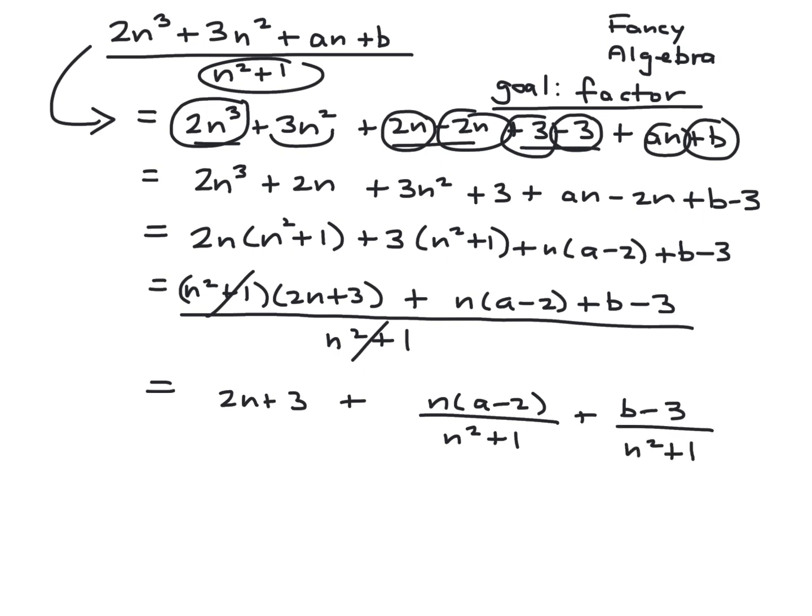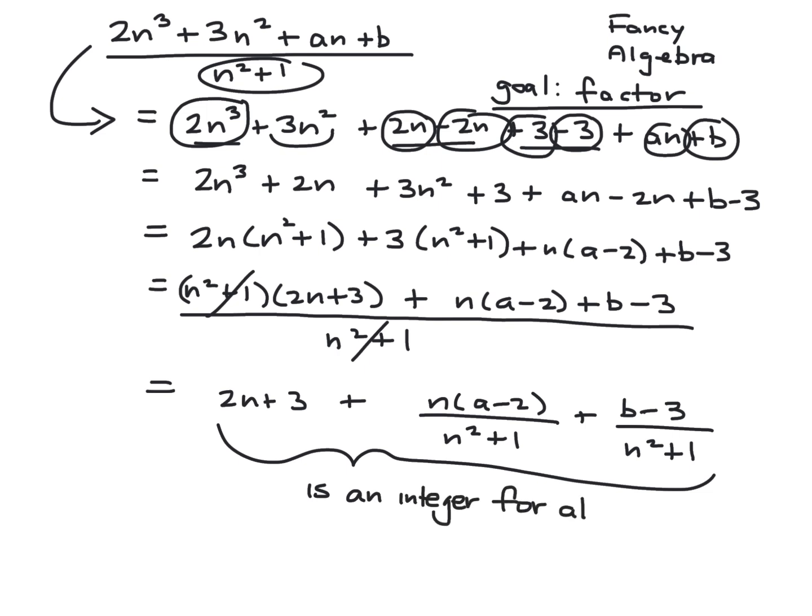Okay. So now that we've got this into this nice form, let's discuss this. The question is basically saying that this expression is an integer for all values of n.